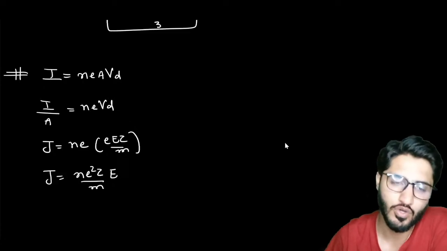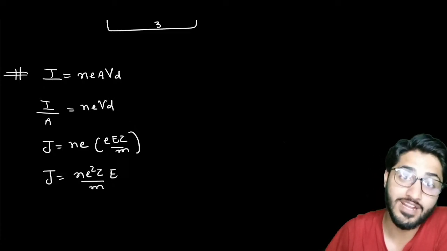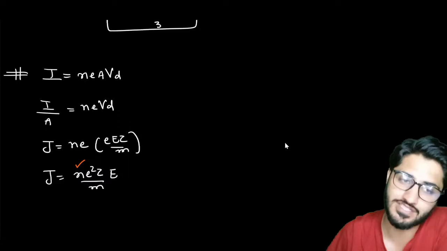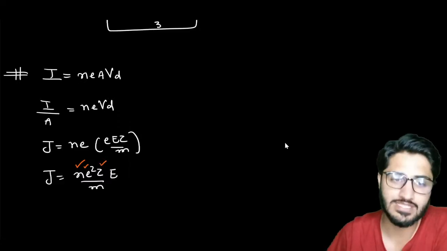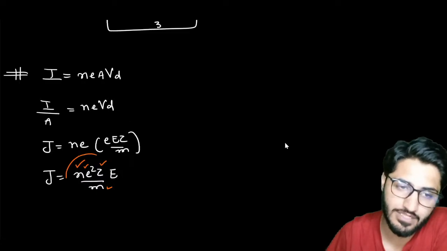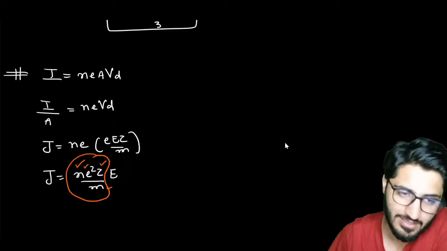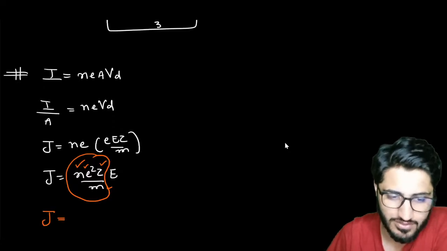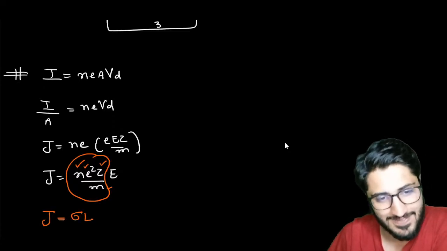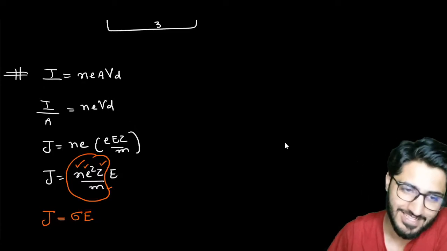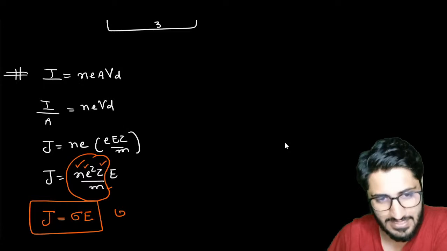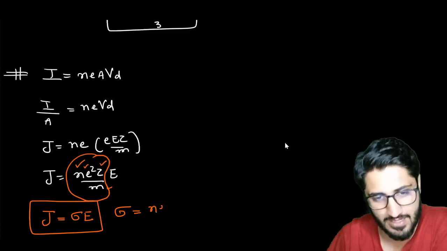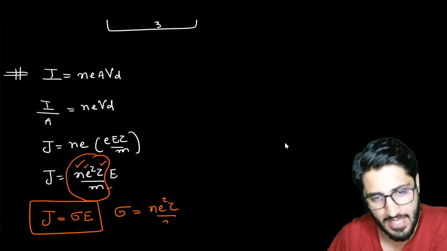Look, for a single conductor, n is constant, e is constant, tau is constant, m is constant. So I will replace the whole bunch of properties in a single letter. So J is equal to sigma times E, where sigma is equal to n e square tau by m.